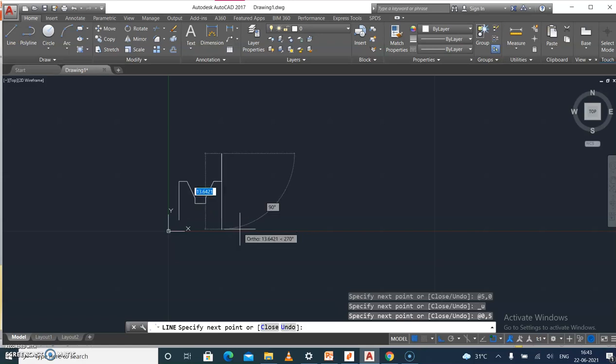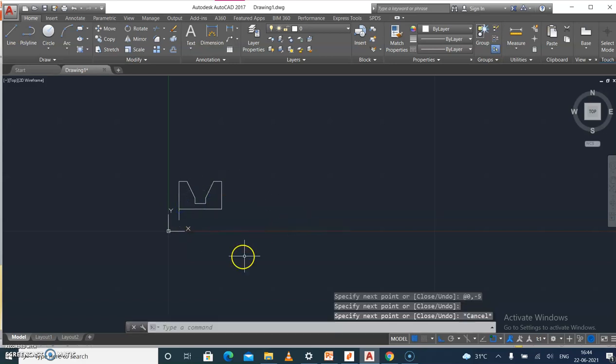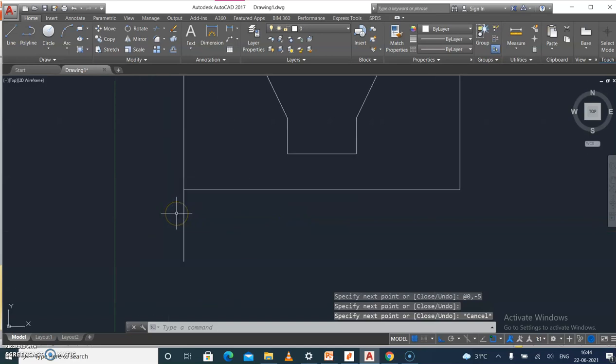Then minus 5, 0 and comma minus 5. And then this extra line I remove.